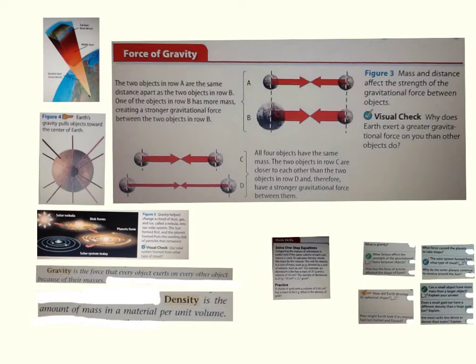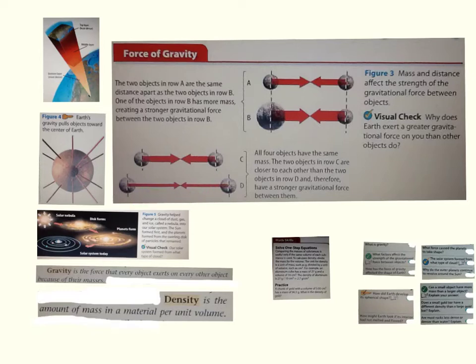The two objects in row C are closer together, as you notice. There's the axis there and there versus the axis here and here. So the two objects in row C are closer to each other than the two objects in row D, and therefore have a stronger gravitational force between them than these two do.